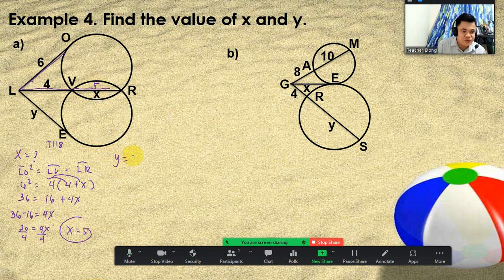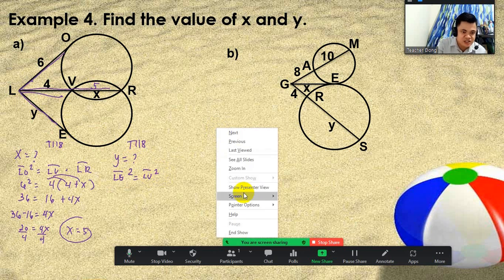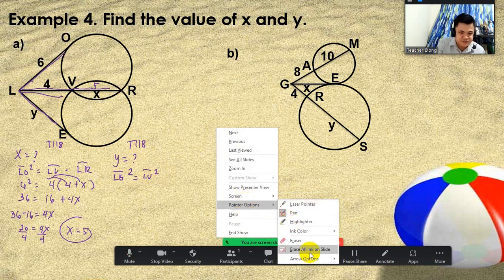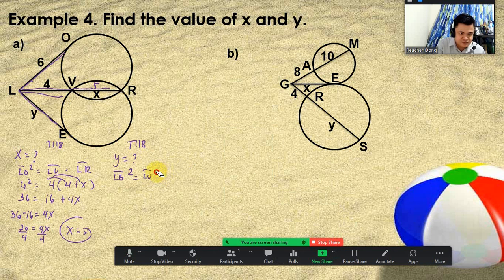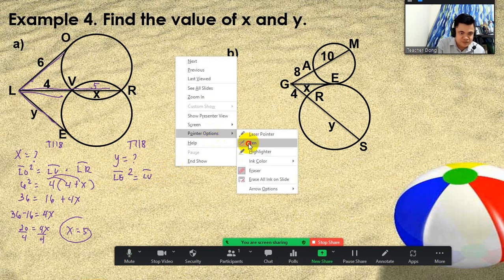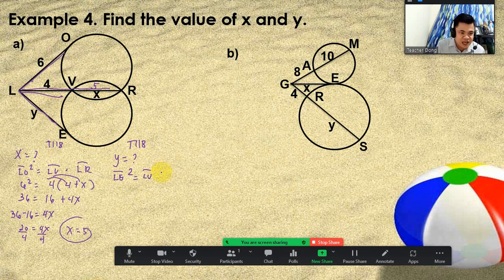Now we can solve for y. So to solve for y, we will still be using Theorem 118. This time, this is the tangent, or segment LE squared, and then this is still the secant, LV. Sorry for that. So it's LV times LR, or the whole. Then the next thing is LE squared is the missing, so we will put y squared.